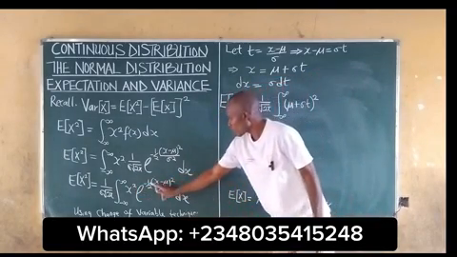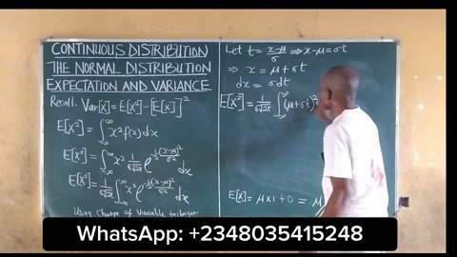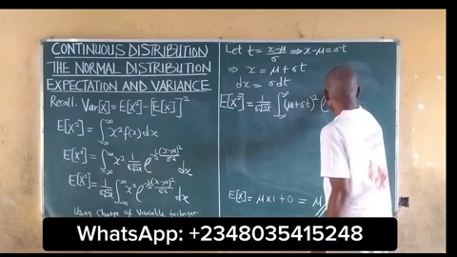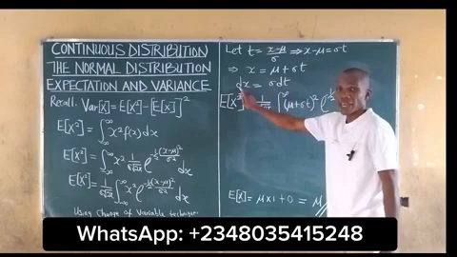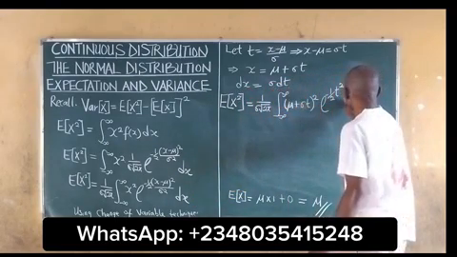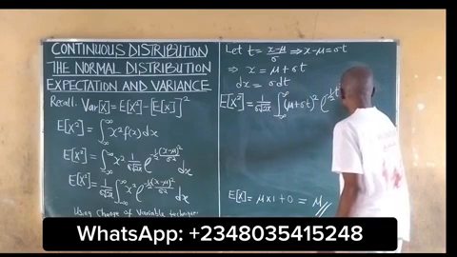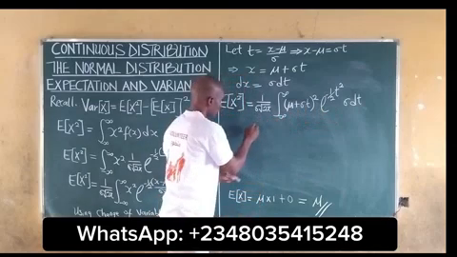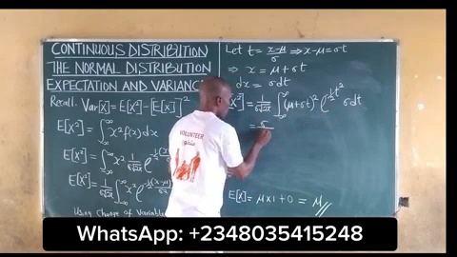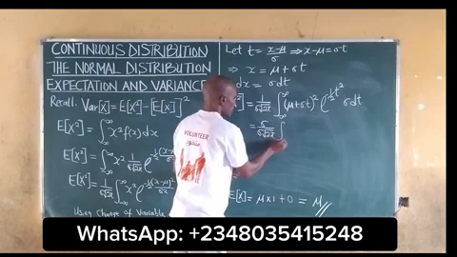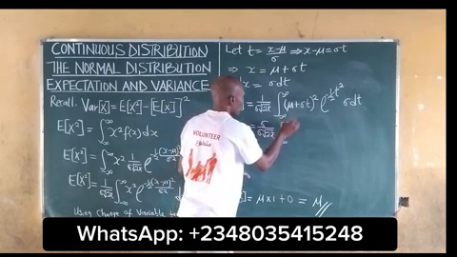Now, the whole of this now becomes t multiplied by the exponential negative 1 all over 2 t squared. And we have the dx here. The dx will now turn to sigma dt. Of course, this sigma can cancel this. That means we'll have it as sigma all over sigma square root of 2 pi the integral from negative infinity to infinity.